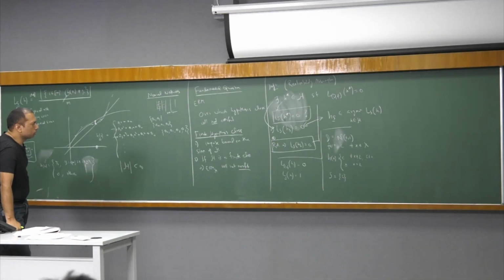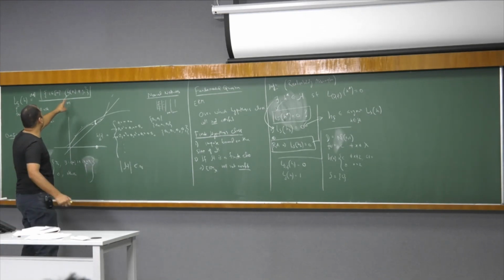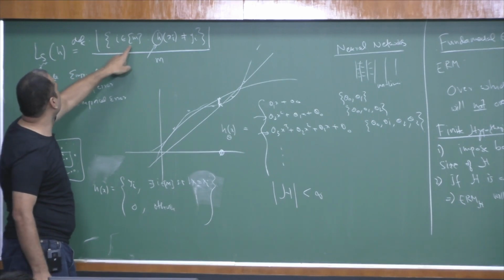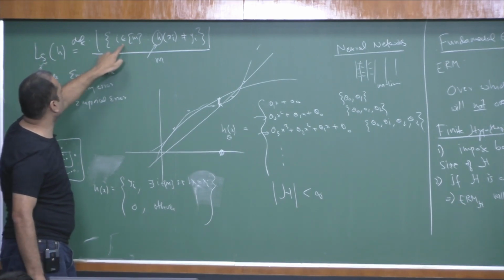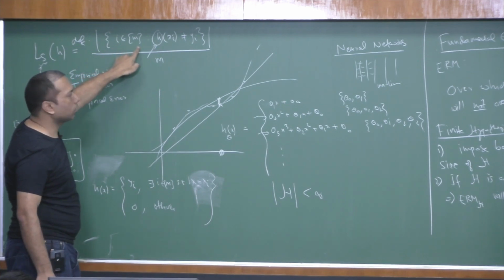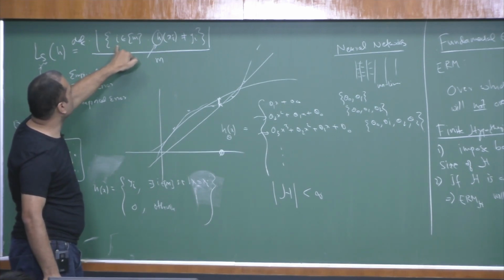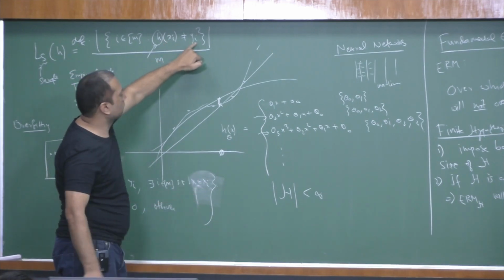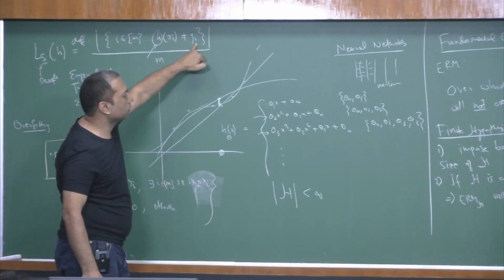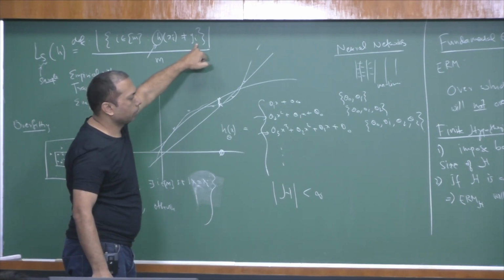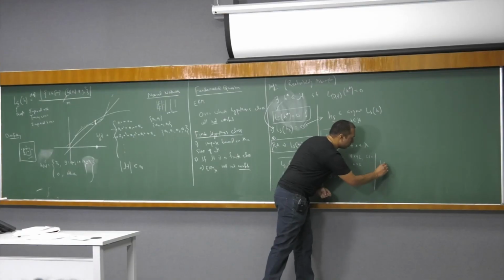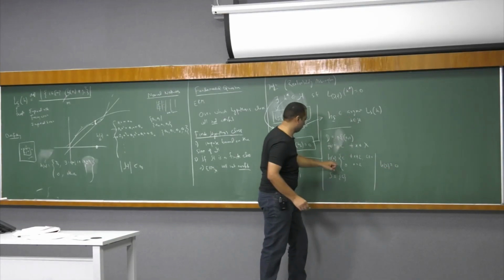So the sample space has just 1 point, so m in this case is 1. So the empirical error that we have is 1 only in the sample space, and for that x_i is 2, and is h(x_i) not equal to y_i? It's not correct, because the way we define h, h of 2 is 0.